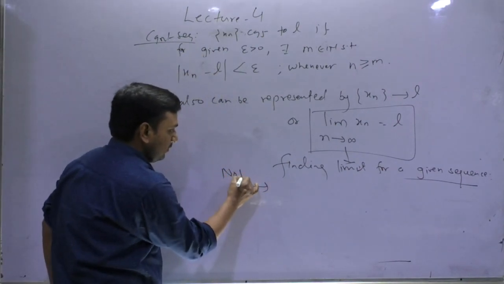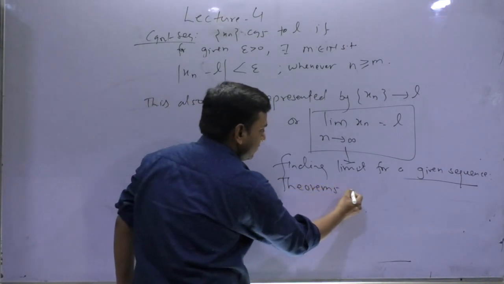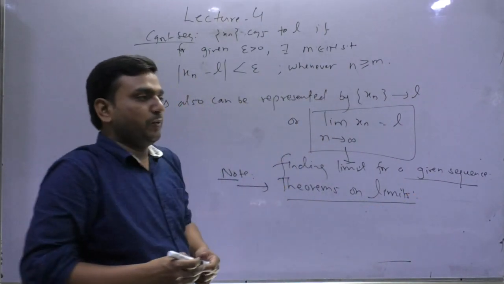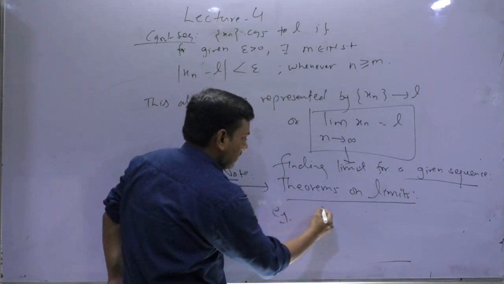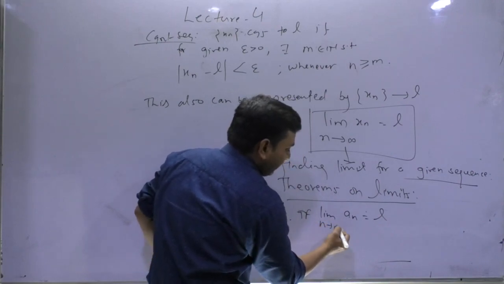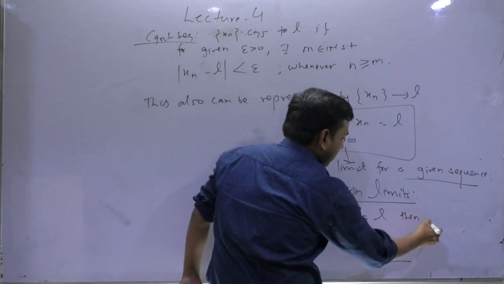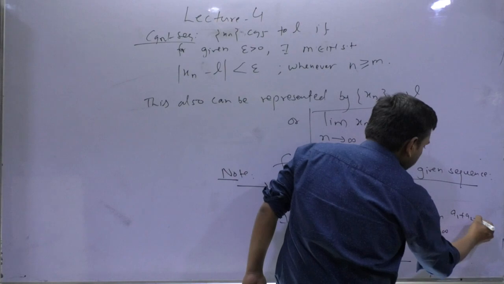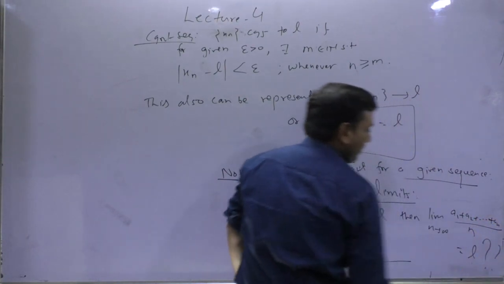Please note it down, you need to add it in your notes. Suppose that you have been given a limit of an; when I say limit, it means limit as n tends to infinity, well understood? If limit of an is equal to L, then limit as n tends to infinity of (a1 plus a2 plus up to an) by n will be L.